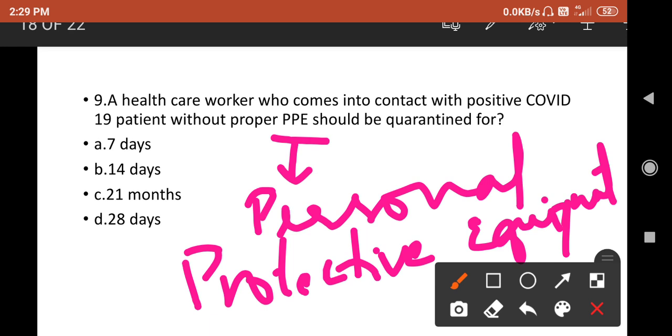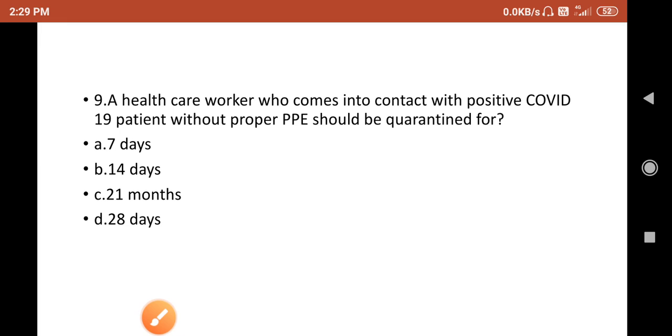So for how many days should he or she be quarantined? Option A 7, option B 14, option C 21 days, option D 28 days. So the answer is option B, 14 days. For 14 days the person should be quarantined, to rule out whether the person is infected or not.